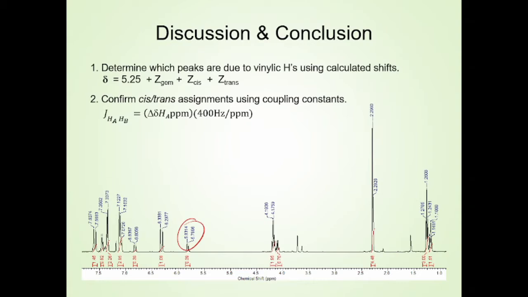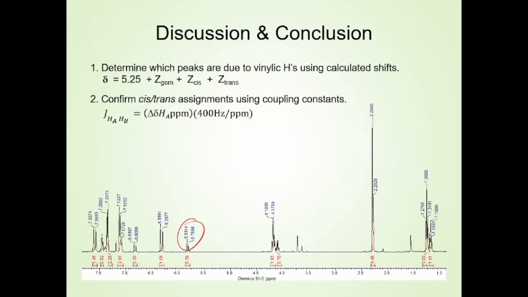If you get a coupling constant somewhere between the range of about 8 to 13, it is a cis isomer. If it's somewhere between 14 and 18, it's the trans isomer. And if you get something much bigger than 18, you probably did your calculations wrong. For hydrogen coupling constants, I don't think you'll ever see something greater than 18.